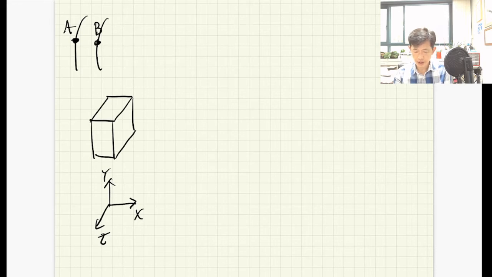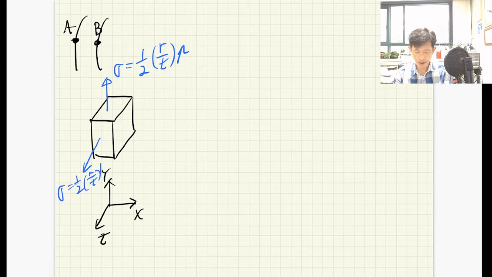Okay, we just calculated the stress. My normal stress sigma is equal to a half of r over t times the pressure. And the stress in this direction is the same: sigma is a half of r over t times the pressure. And then the stress in the x direction is equal to 0.